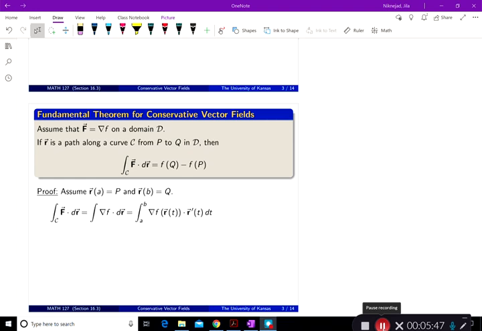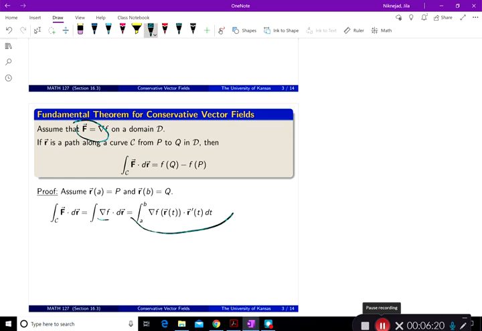Now, writing the left-hand side as the vector line integral, one thing is we're claiming that F is equal to the gradient of the potential f, and so I replace F by the gradient, evaluate it at r of t, and then dot it with r prime of t dt.